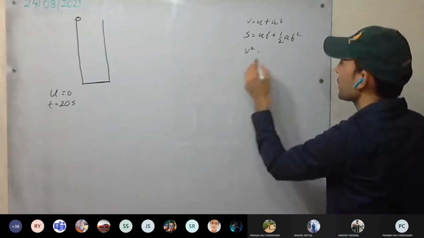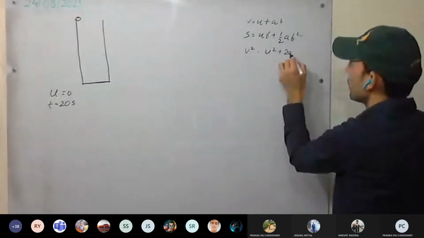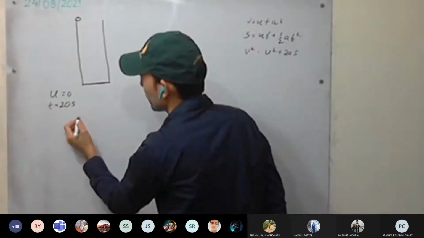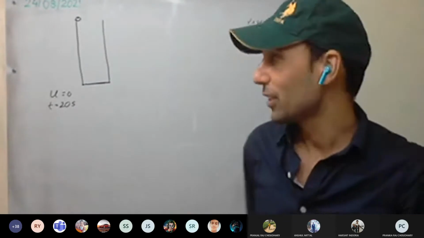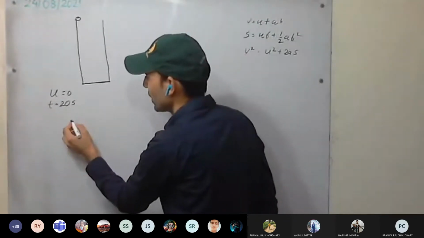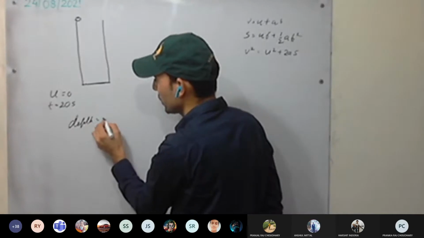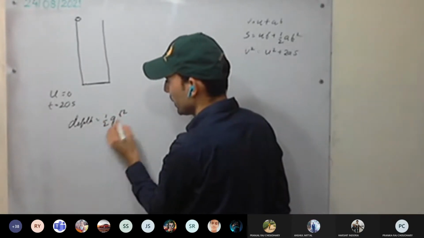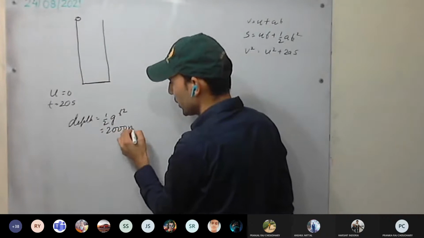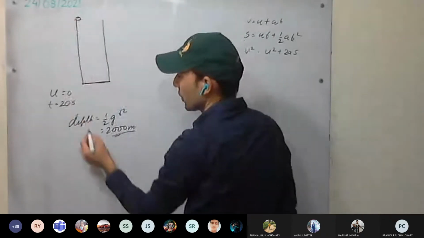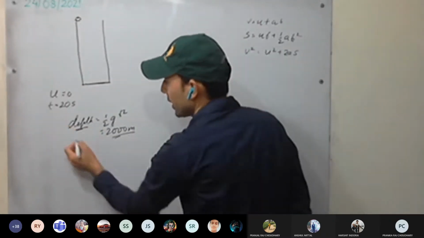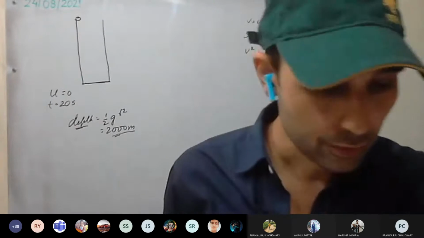Calculate the depth. 2000 meters. It's very deep. So depth equal to half gt square, and 2000 meters you have got. That is s. So depth is 2000 meters.